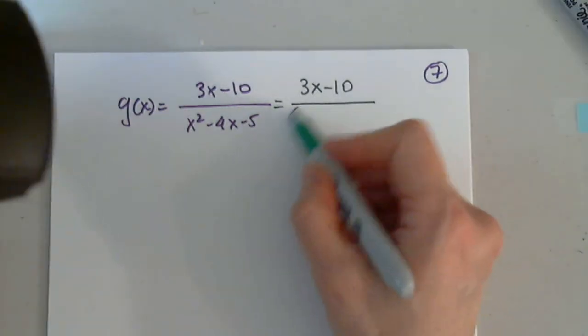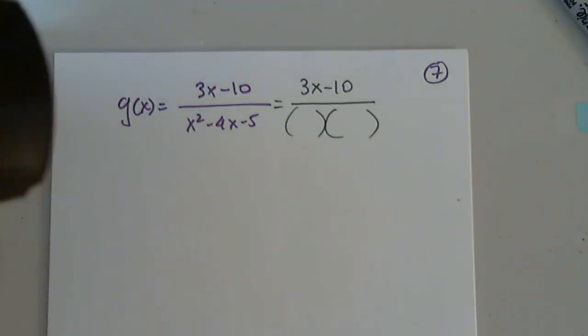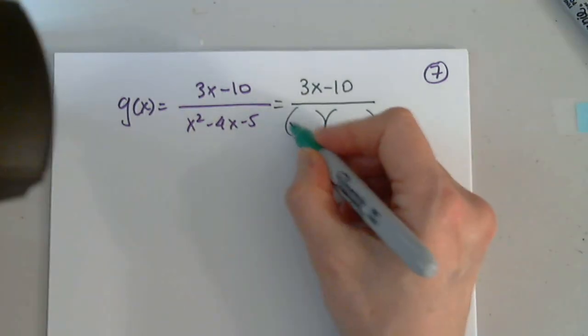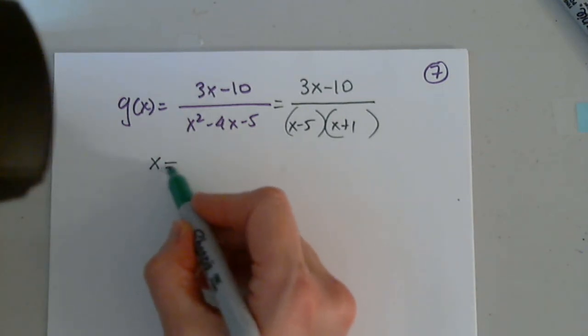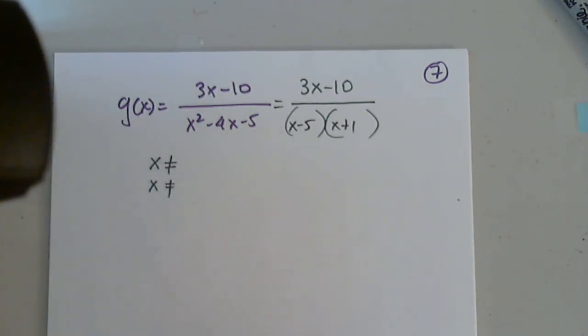Good, excellent. Alex is another best of my students from a totally different class. Well done. Can anyone give us the factored form? X minus 5, x plus 1. Perfect. So what will then be the conditions or restrictions?